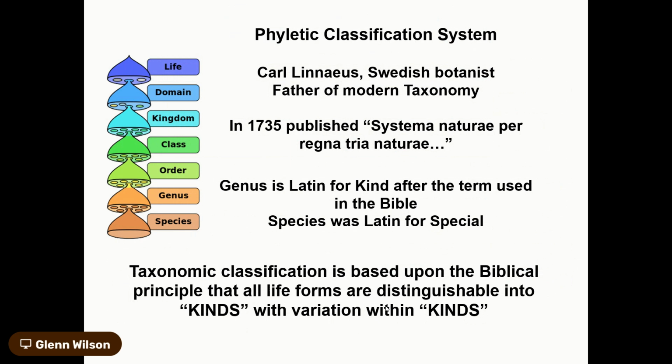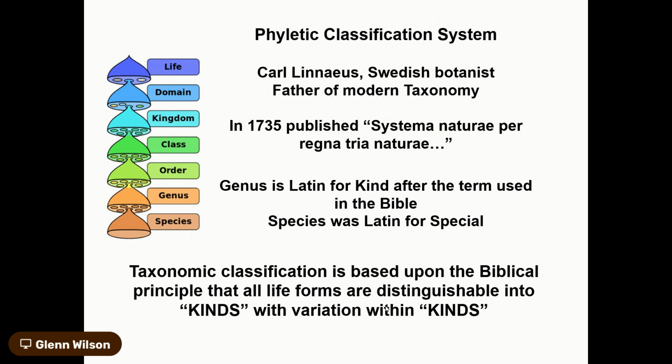He built the system based upon that biblical concept that all creatures can be distinguished by their kind. So he built a system of distinguishing these in different categories down to the genus. And genus was the Latin for kind. He took it straight out of the Bible, and species was a special type within that kind.